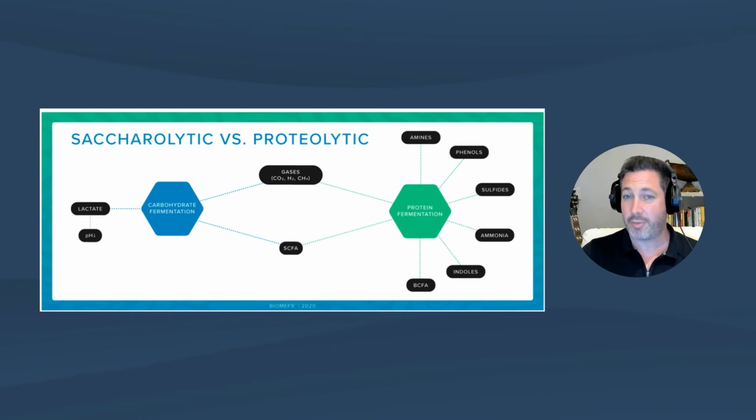And again, remember about location and amounts. If you have low efficiency in your digestive pathways, you might start fermenting carbohydrates in the small bowel, and that's not what you want. Or you might start fermenting too much protein in the colon. That's also not a good scenario.